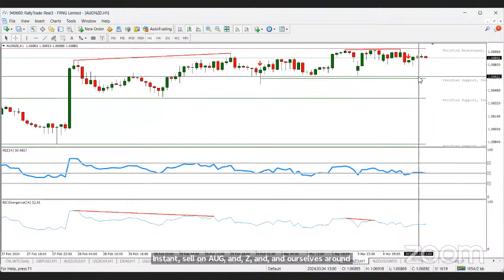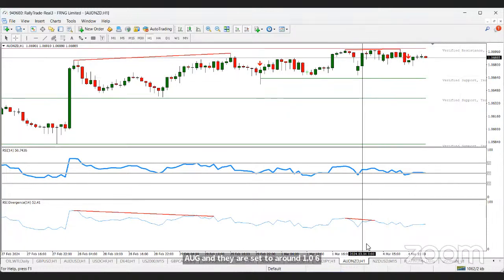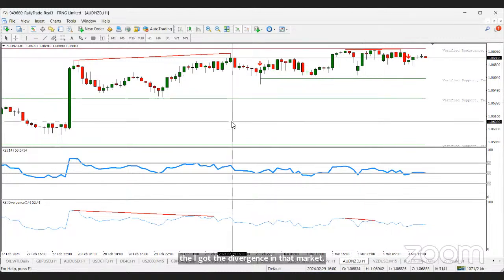Personally, on that particular trade, because I got a divergence in that market, I'm on that sell for AUDNZD.